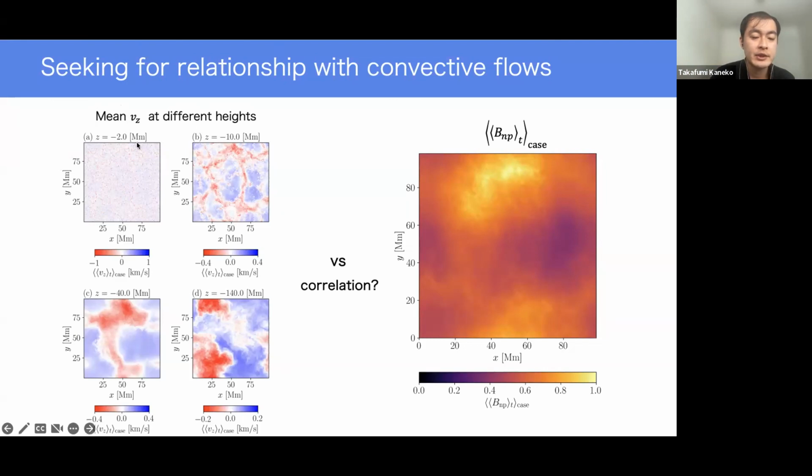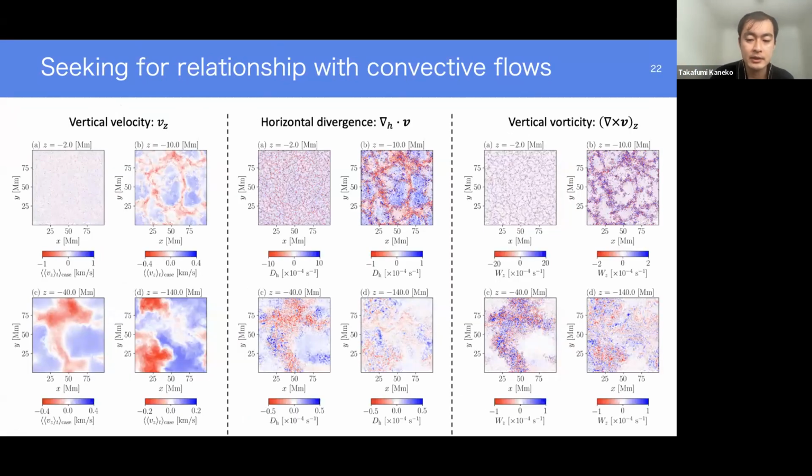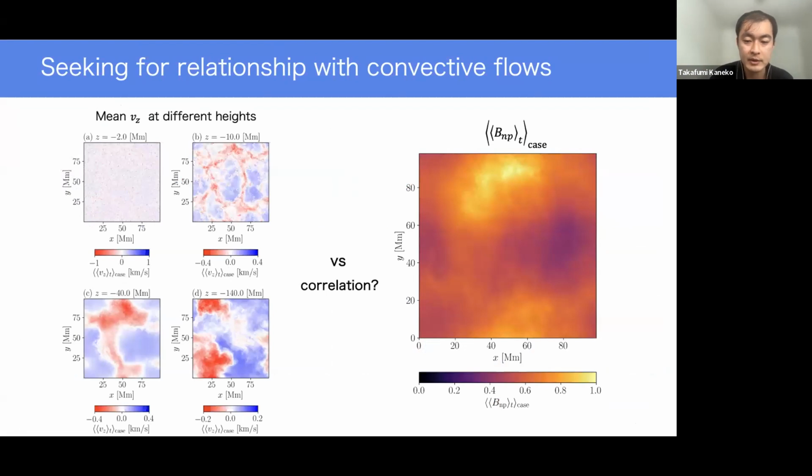If it is shallow, very tiny structures dominate, but going deeper, large-scale structure appears. So we computed the correlation between this map and this map, or this map, and compared the correlation coefficient along the depths.